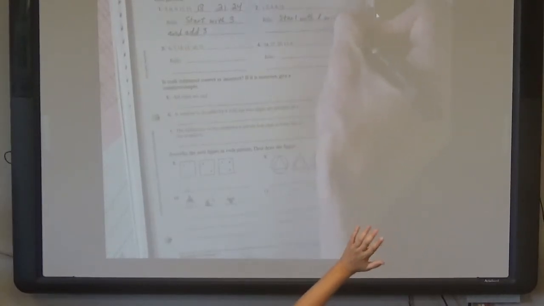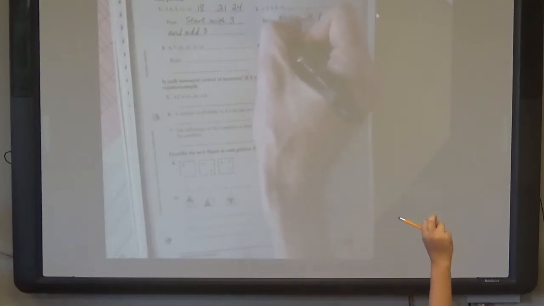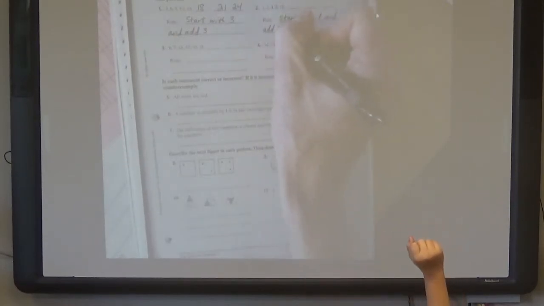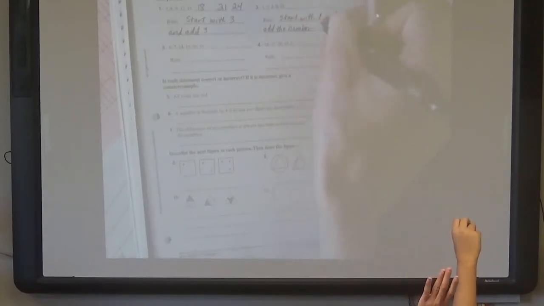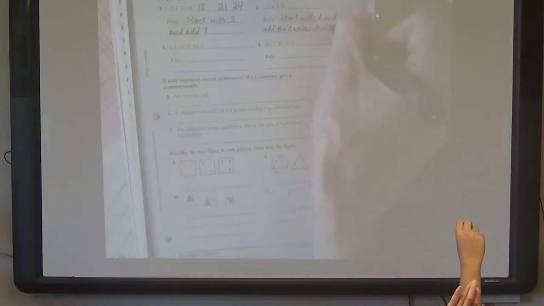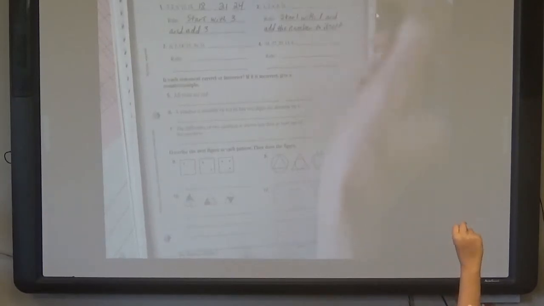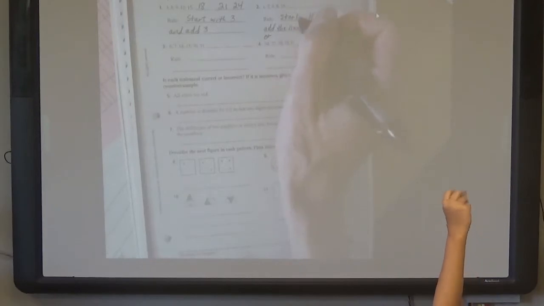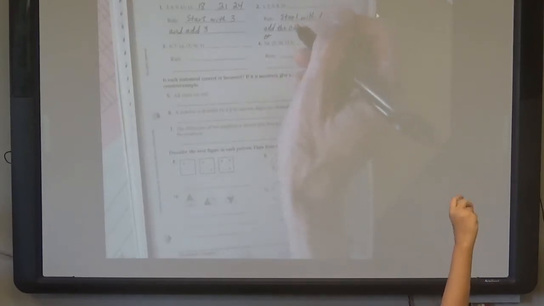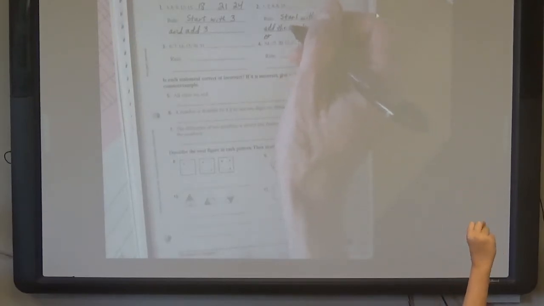So start with 1 and add the number to itself. Or you can multiply, you can start with 1 and multiply the number times 2.